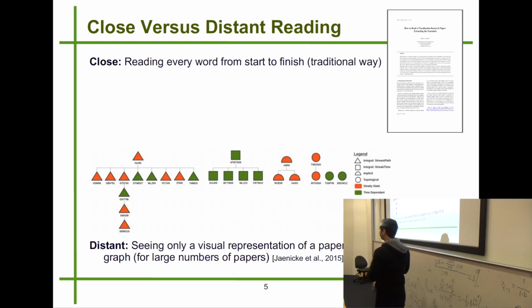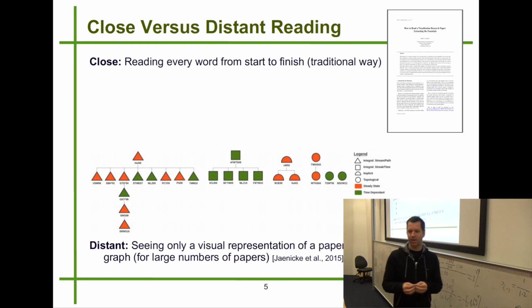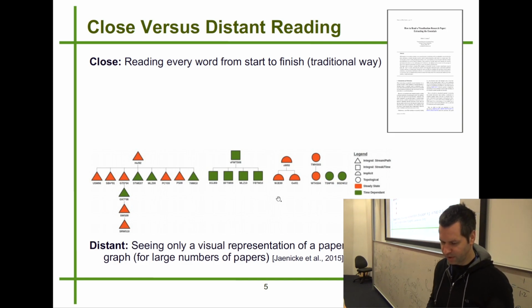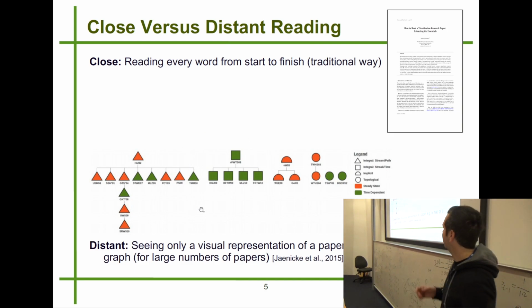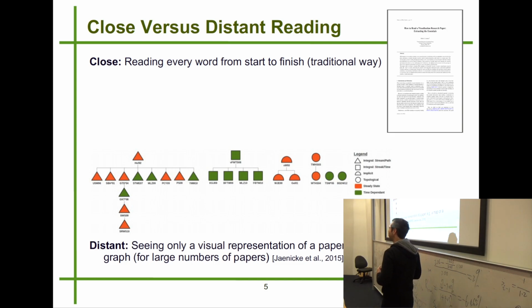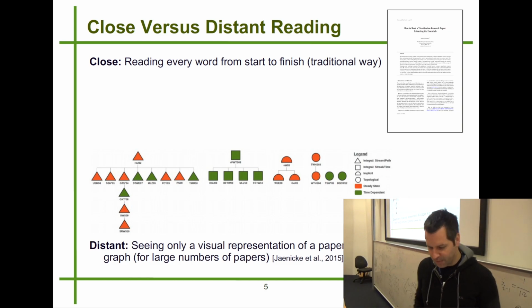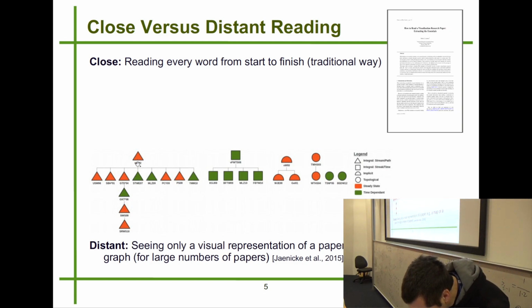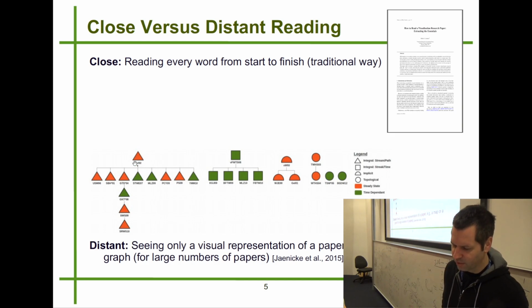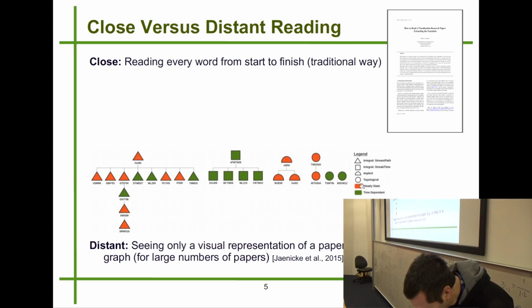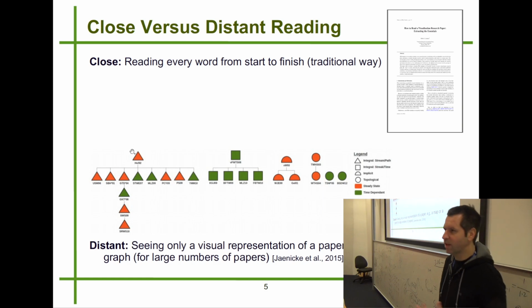Distant reading is when you replace the text with symbols that represent the content of that paper and its characteristics. This is an example of distant reading. Each one of these symbols represents one research paper and some of its characteristics. This represents a research paper that happens to be in the field of flow visualization. This represents a paper that talks about steady state flow, but that's not important for you.